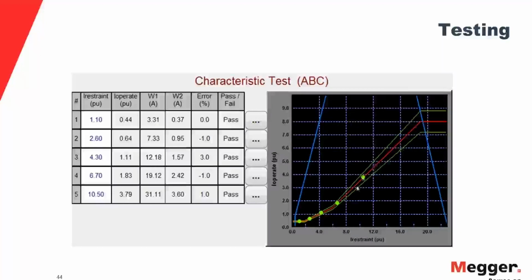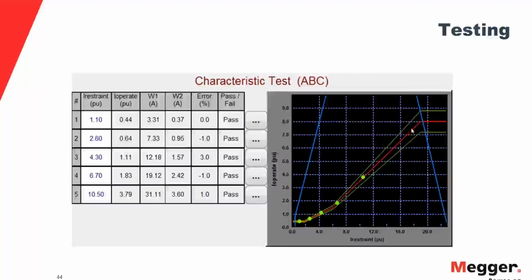Now let's talk about doing a slope test, also known as the characteristic test. What are you verifying in that? You're verifying whether the bias equations and also the slope are according to what the relay is set to.